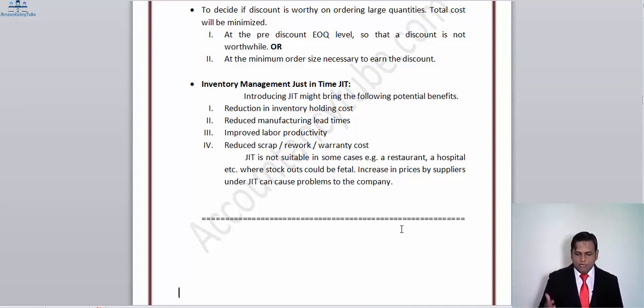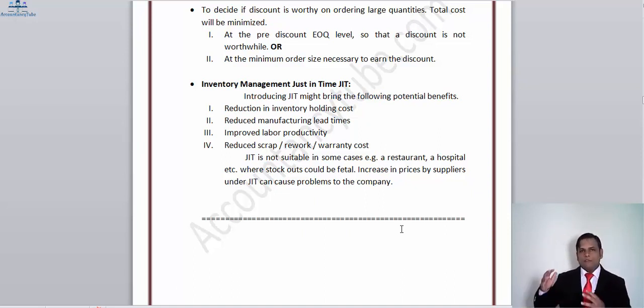Introducing just-in-time might bring the following potential benefits: reduction in inventory holding costs, which is obvious, reducing manufacturing lead times, improved labor productivity, and reduction in scrap. What happens in just-in-time inventory management is that whenever a business receives an order, it calls its supplier to bring the supplies for the products that need to be dispatched.